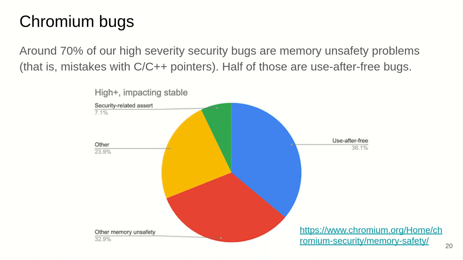Interestingly, if you look at Chromium, there's a statistic that was just recently released. Around 70% of high-profile security bugs are memory unsafety problems. There are different kinds of issues with C and C++ pointers. Half of these are use-after-free bugs. So these low-level issues remain a big issue today.